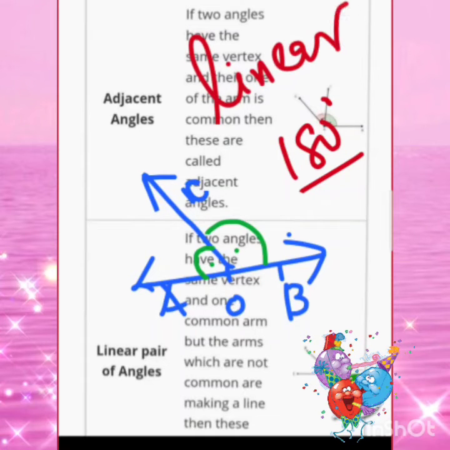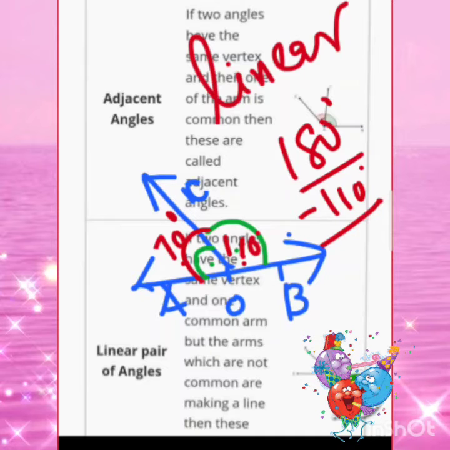Suppose this angle is 110 degrees, and they form a linear pair, then what will be the measurement of this angle? Of course it will be 180 minus 110, so this angle will be 70 degrees. So here 110 and 70 degrees form a linear pair.